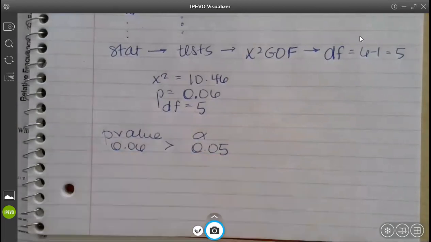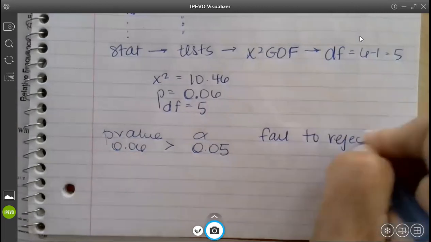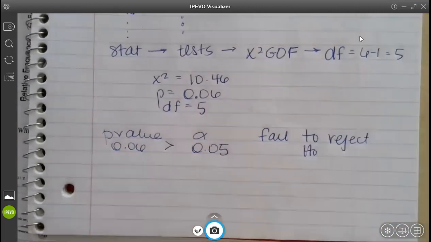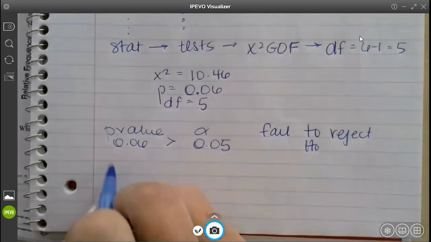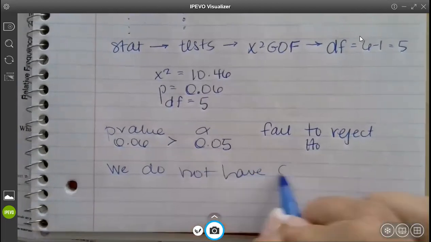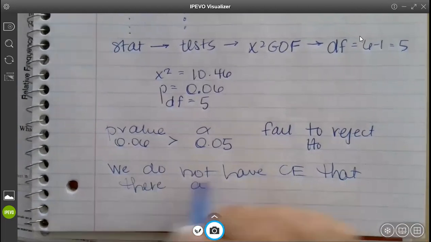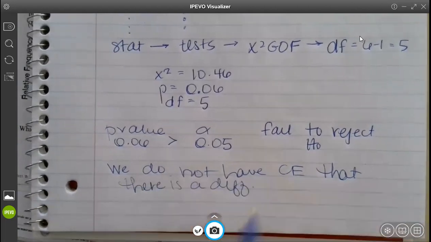We know that our p-value is greater than, so what do we do? Fail to reject. Which means we do not have evidence. But there's a difference. Make sure it's in context of the problem.